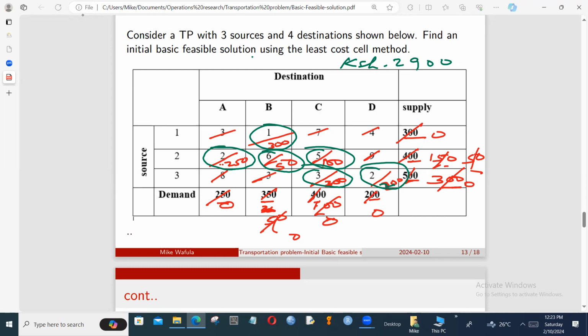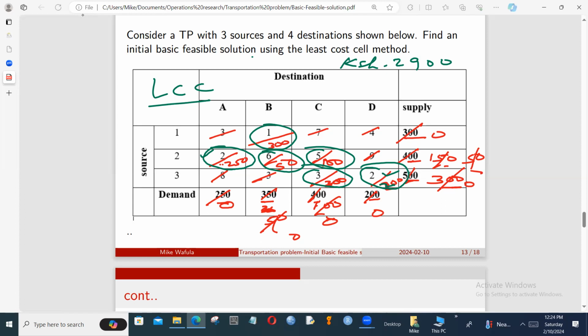In scenarios where we have some cells, particularly when you're using the least cost cell method, when you have some cells having maybe the same values of the costs, somebody who has chosen this cell first may get a different value from the other one who has chosen the other one.